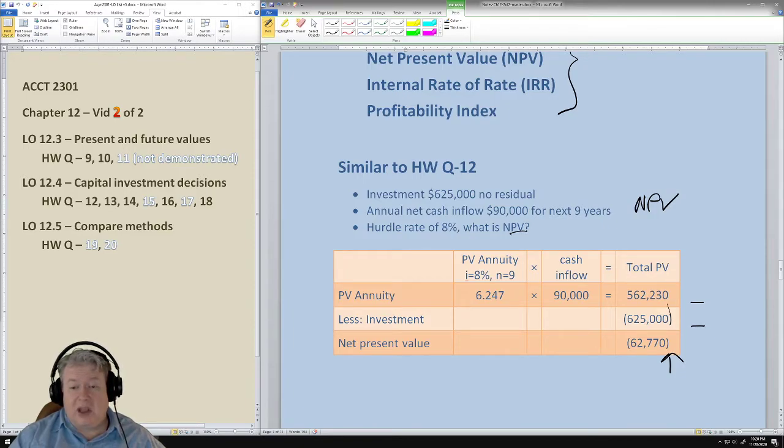Here, we're negative. It may not have seemed that way at the beginning, but that's why we do the calculation. We include present value and the time value of money so that we know what we're getting into. Because $625,000 is a lot to spend to find out 9 years from now that we lost money.